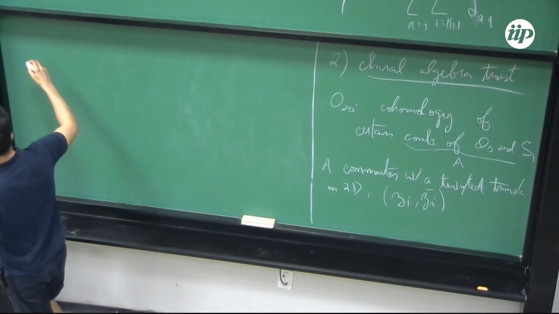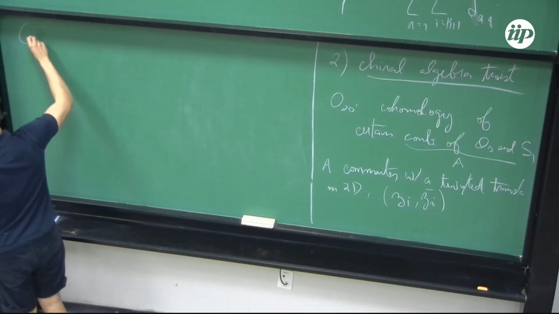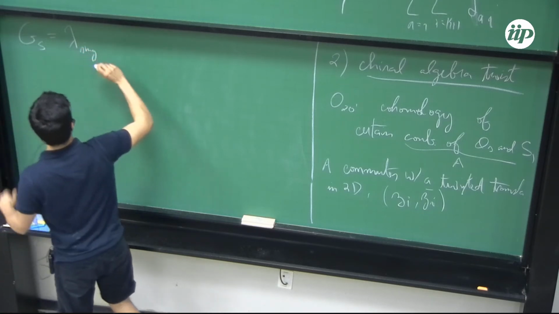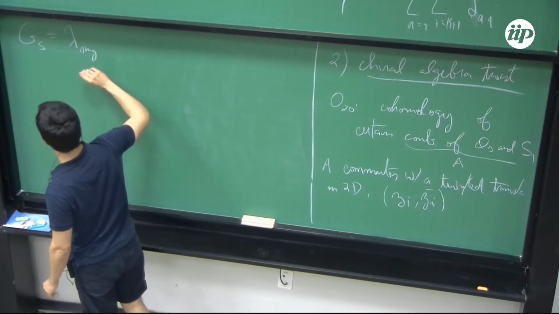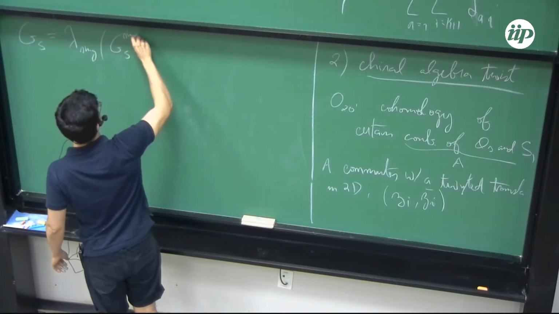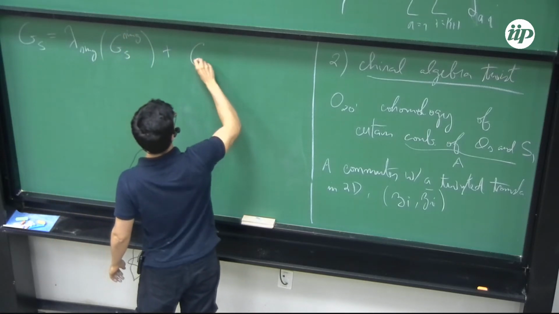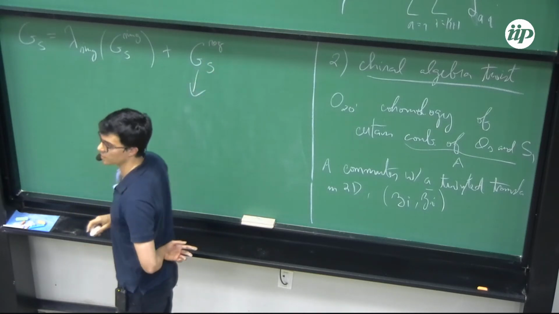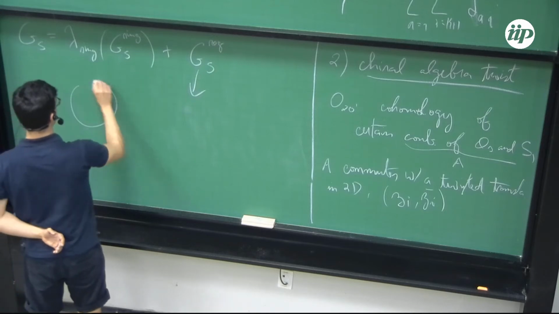And so the conclusion is that basically our G5 becomes this, there's an overall lambda singular scale times our G5 singular. And then we have to do our G5 regular. So here what we did was basically consider the possible quintic.